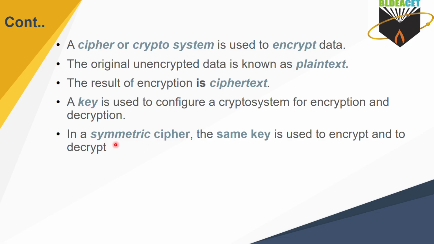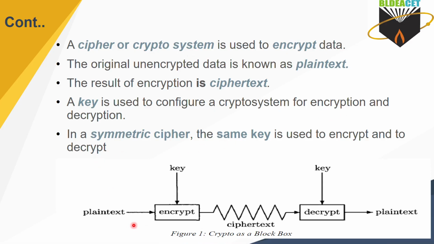One we call a symmetric cipher. In the symmetric cipher, the same key is used for encryption and also for decryption. So this is the black box of the crypto system. Here it is your plain text. With the help of the key, you will encrypt that plain text as ciphertext.